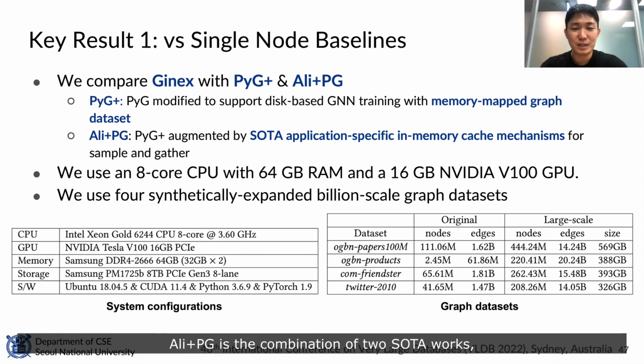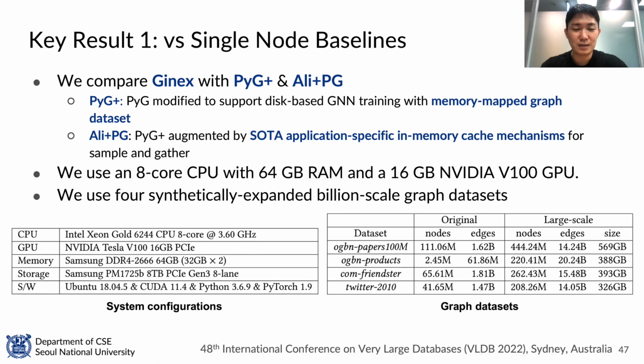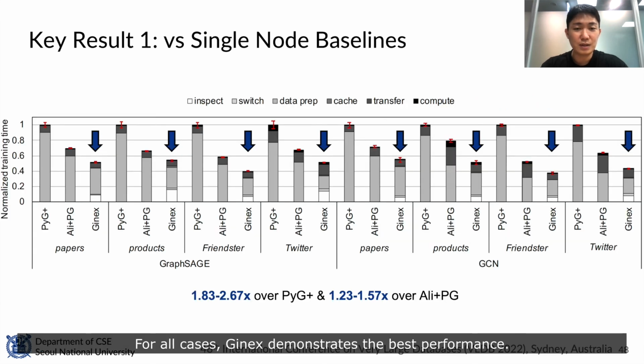Ali Plus PG is the combination of two SOTA works which cache hot parts of the graph dataset with static analysis. We use an 8-core CPU with 64 GB memory and 4 billion scale datasets. For all cases, Ginex demonstrates the best performance. You can find that Ginex alleviates the substantial part of the bottleneck in data preparation.